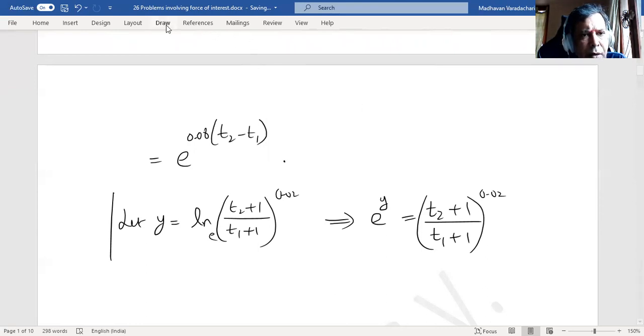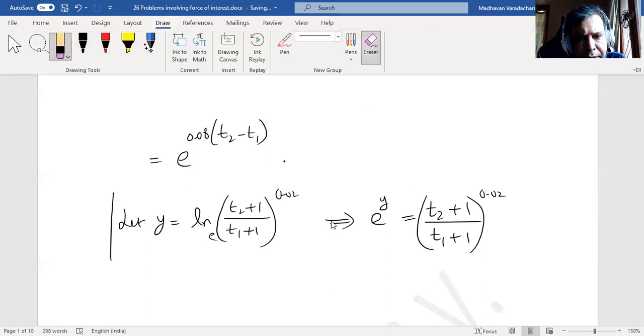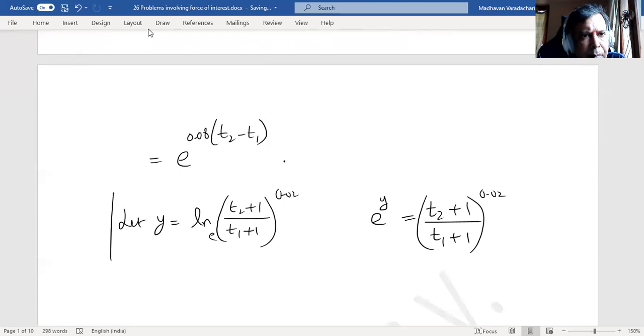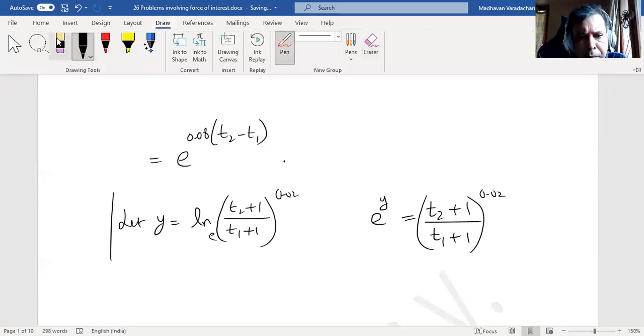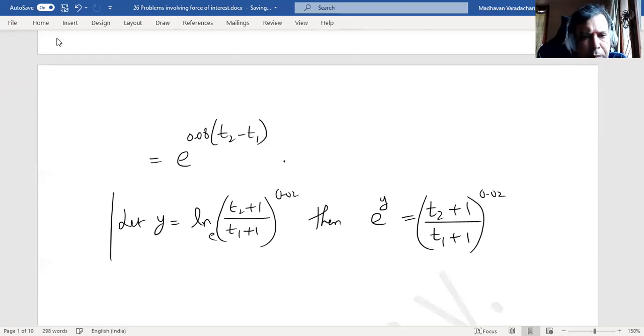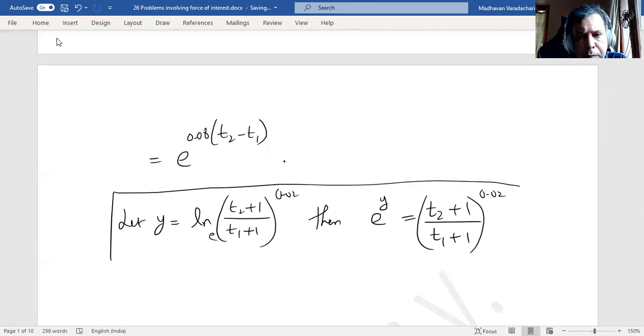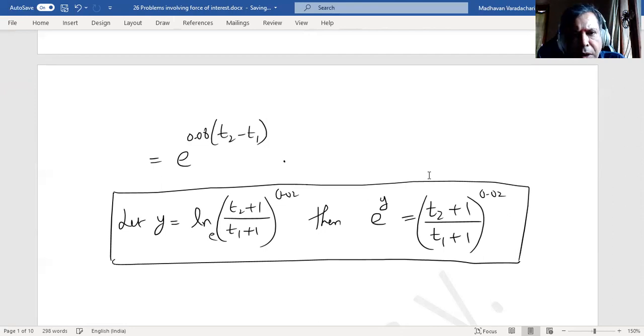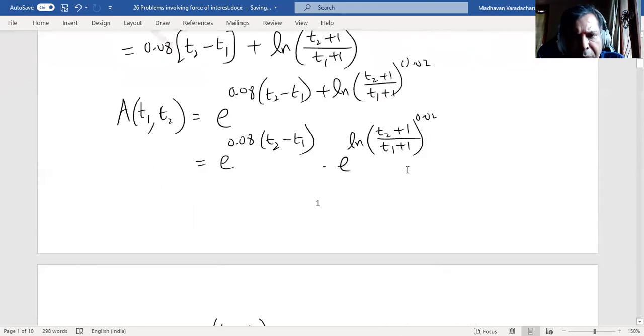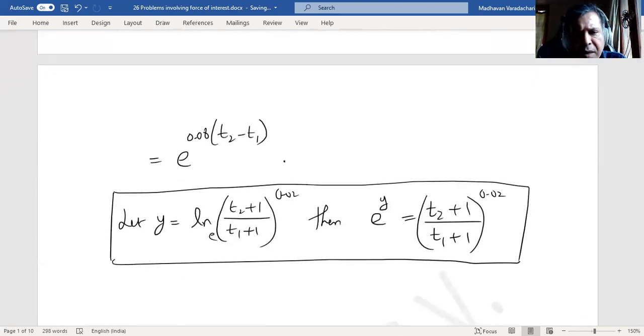Converting this logarithmic expression to exponential form, e to the power of y equals t2 plus 1 by t1 plus 1 to the power of 0.02. So this entire thing is e to the power of y, and I can write it as t2 plus 1 by t1 plus 1 to the power of 0.02.